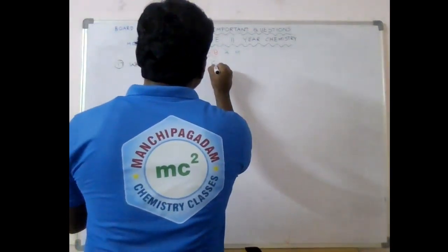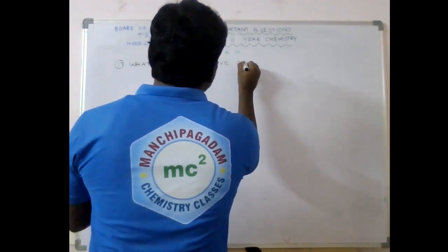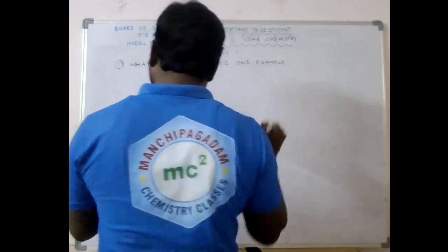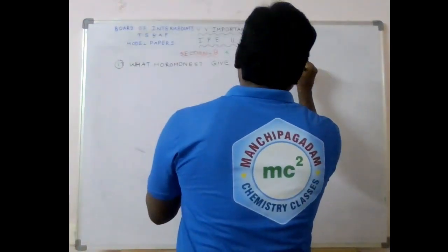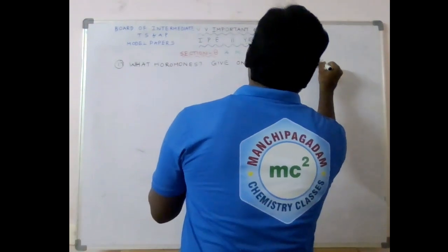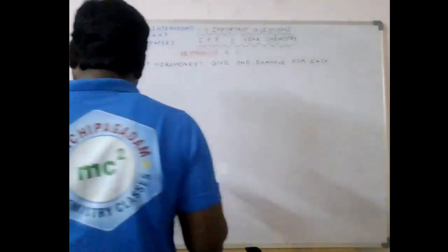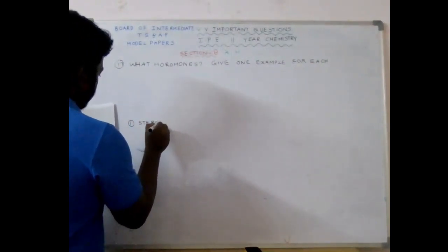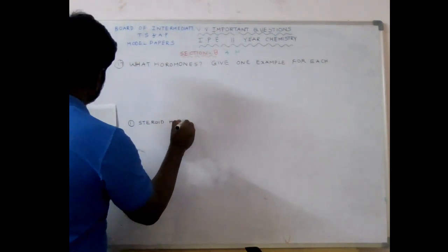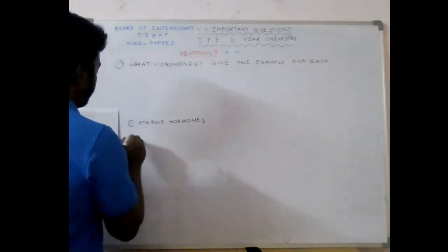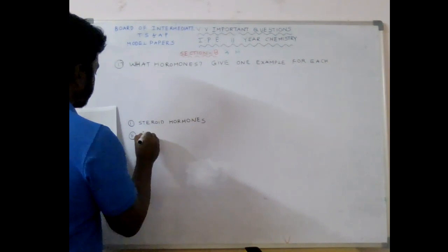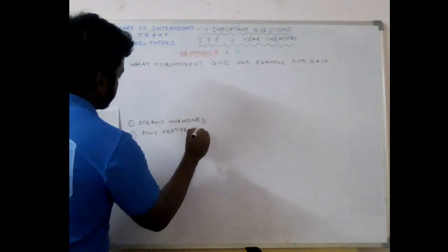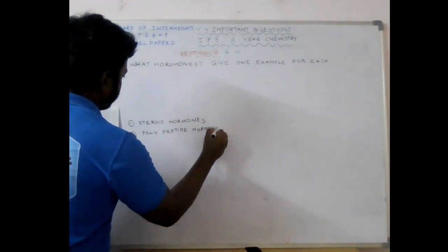And the question continues like this: give one example for each of the following. He has given steroid hormones, polypeptide hormones, and finally the third one, amino acid derivatives.